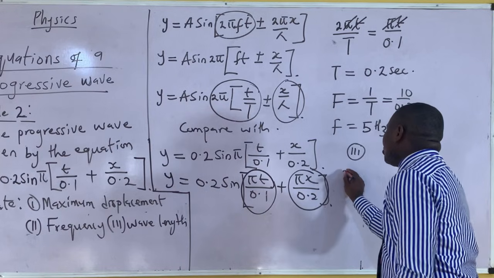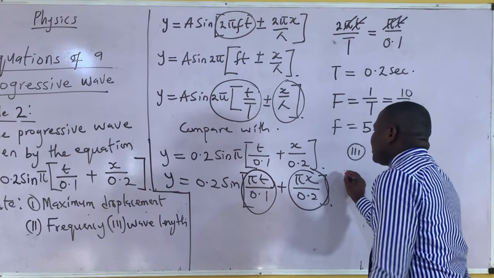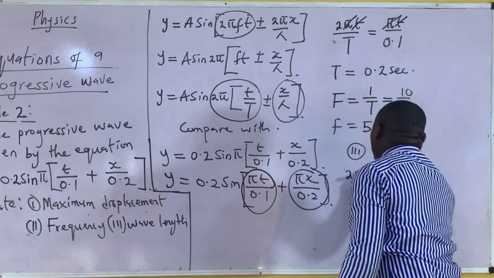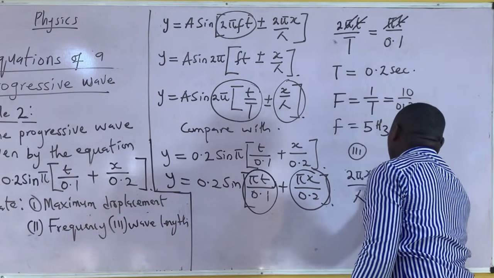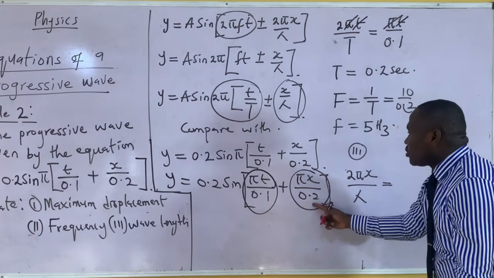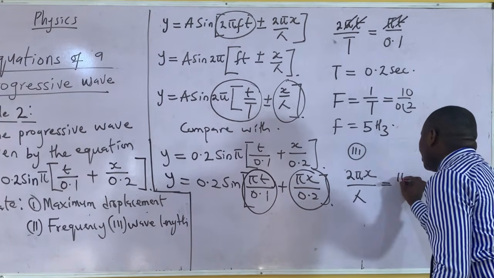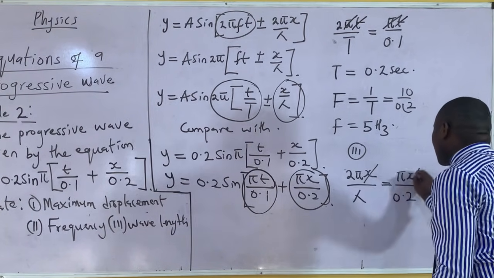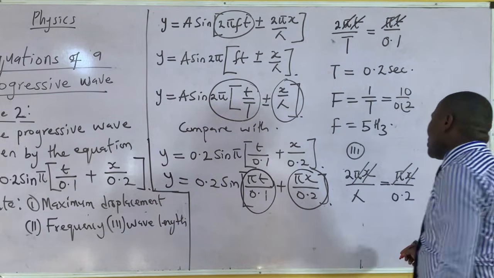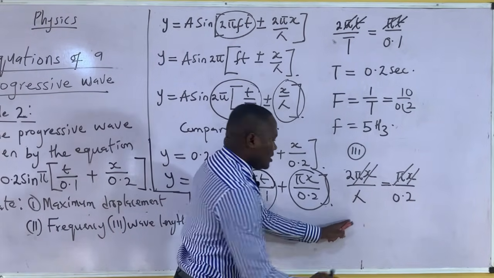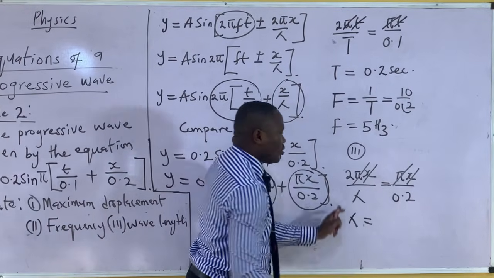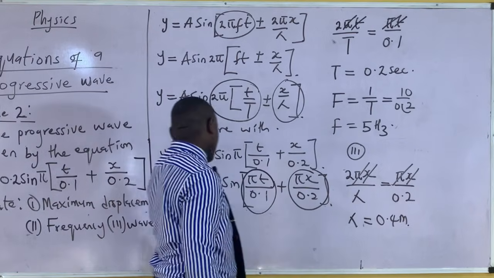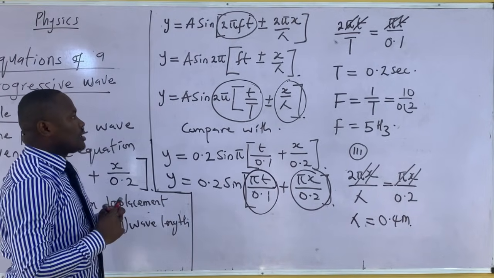I will have my 2 pi x over lambda is equal to pi x over 0.2. Now x will take out x, pi will take out pi. What becomes our wavelength? Our wavelength is now equal to 0.4 meters.